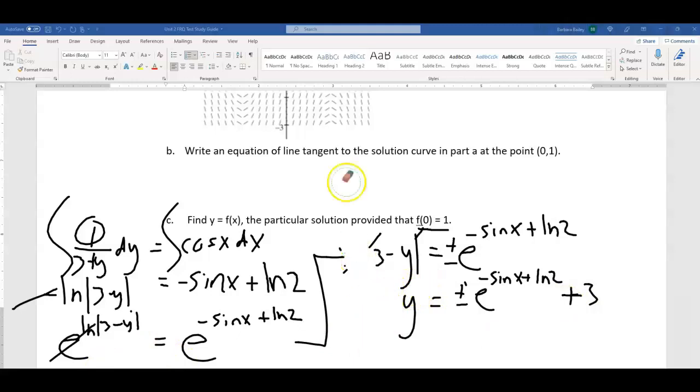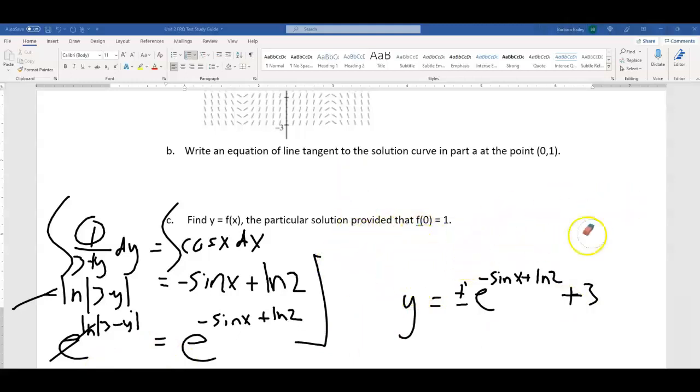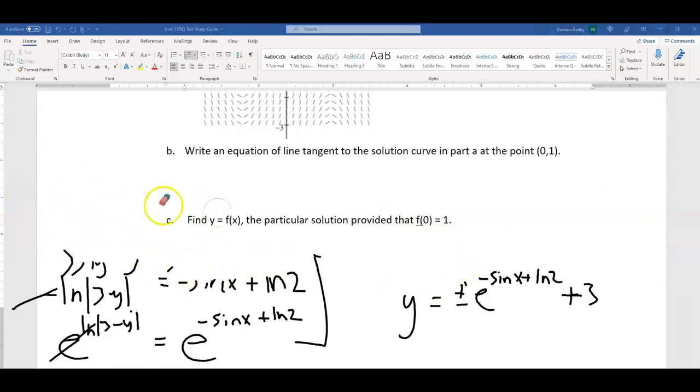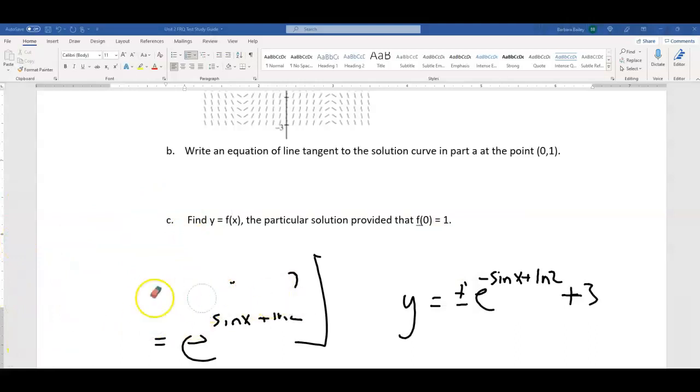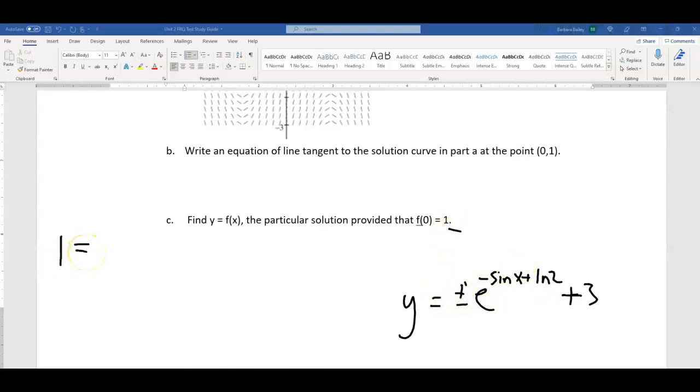And as we had in the last problem, once again, we have to decide, does it come out, is it the positive one or is it the negative one? And to answer that question, we're going to go ahead and plug in our initial condition again here. So I'm going to plug in 1 for y, and 0 for x.